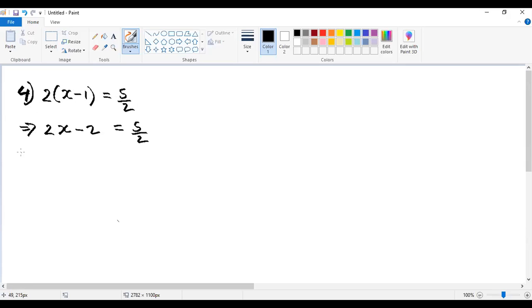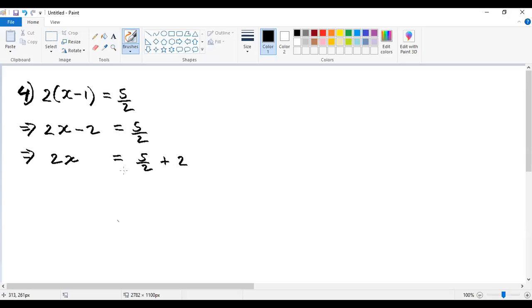All right, so we isolate the 2x by adding 2 to both sides. So this will give me 5/2 plus 2, right? You can view this as 2.5. So in my mind, 2.5 plus 2 is 4.5.